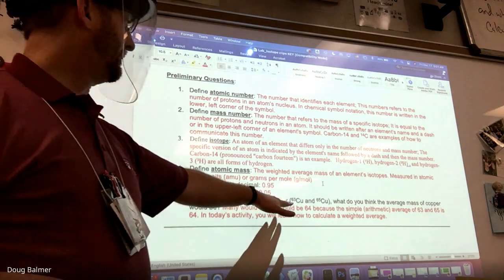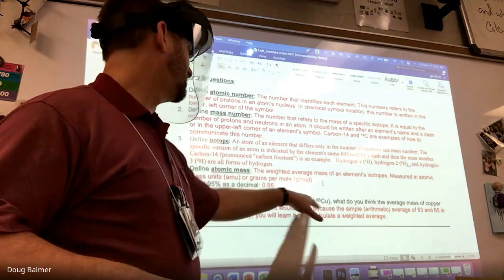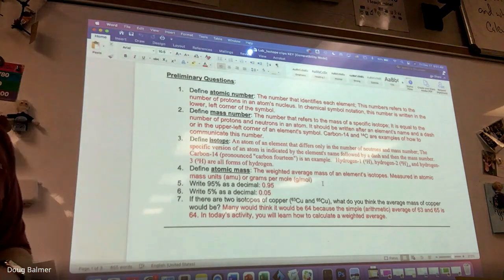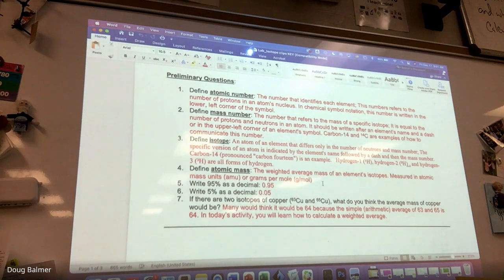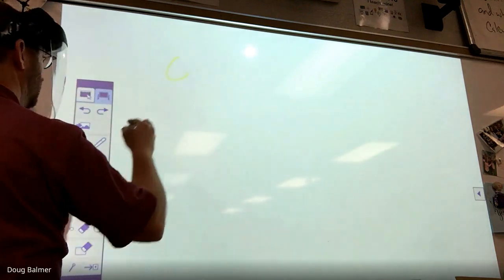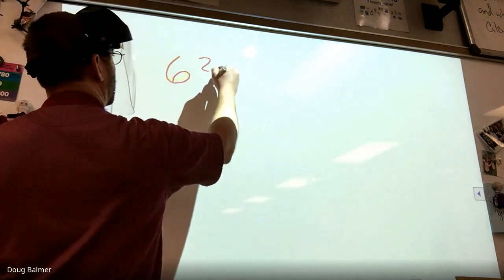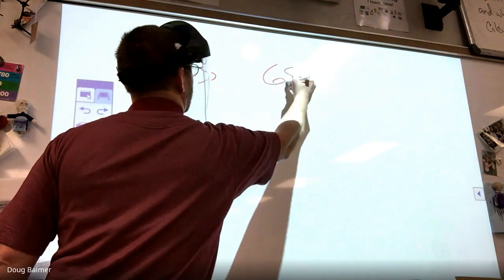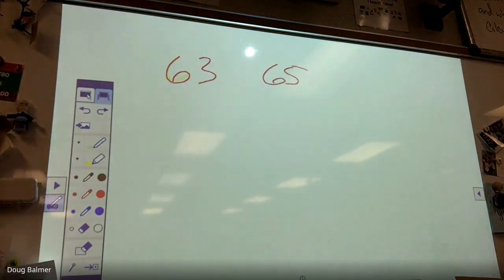Why are a lot of people going to tell me at the end of this question number 7 that the average is 64? How do you know that 63 and 65 is going to give you an average of 64? What did you do to get 64?